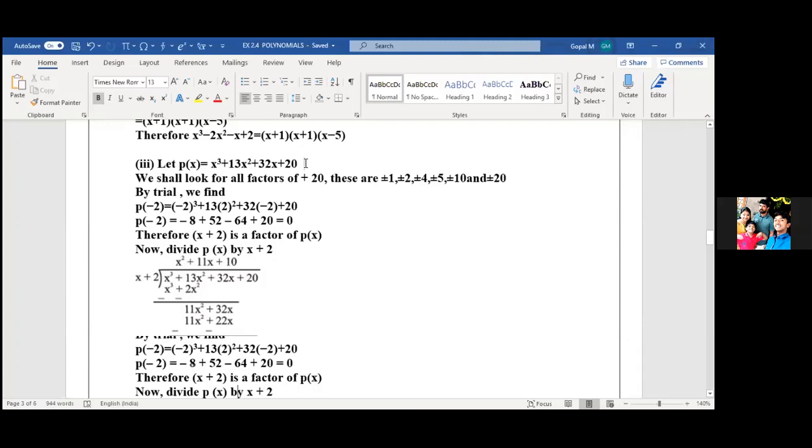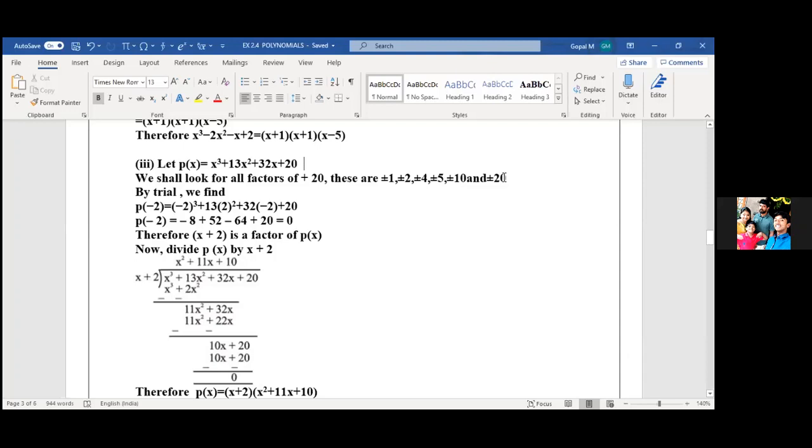So this is also very important to save your time in exam. All the terms are positive. So don't take plus 1, plus 2, plus 4, plus 5, plus 10 and plus 20. If you take a positive factor, you'll not get remainder 0 here. Only in this case, when all the terms are positive, don't take positive factors to apply in the polynomial.